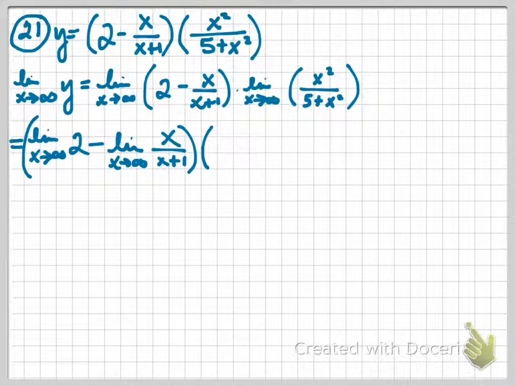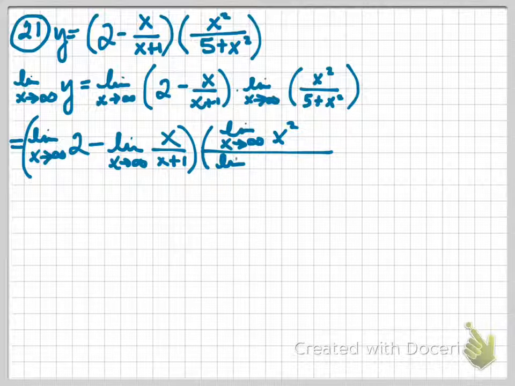Quotient. So then that means this is what? Quotient of the limits. So this is the limit as x approaches infinity of x squared over, about to skip the limit notation, the limit as x approaches infinity of, in parentheses, 5 plus x squared.